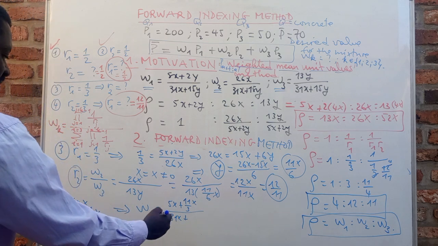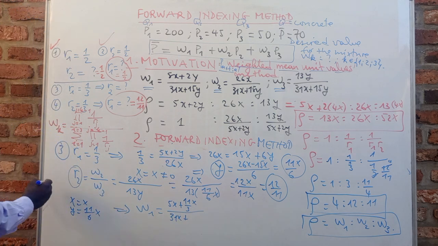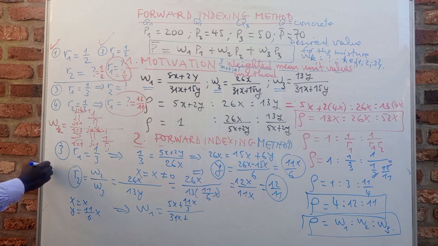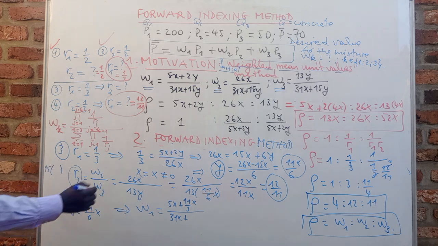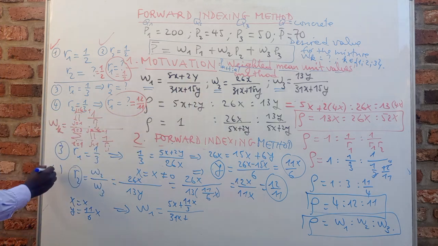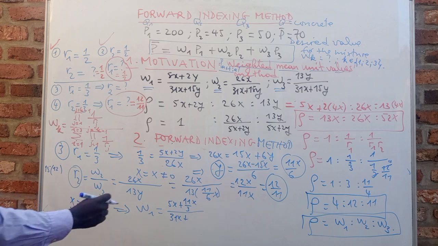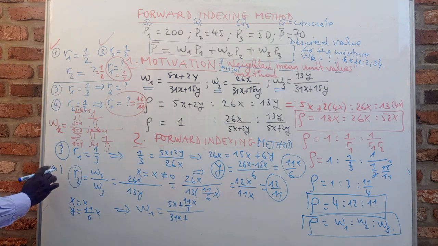It becomes a bit complicated, because I will have to find 15 times y. So y is equal to 11x over 6.